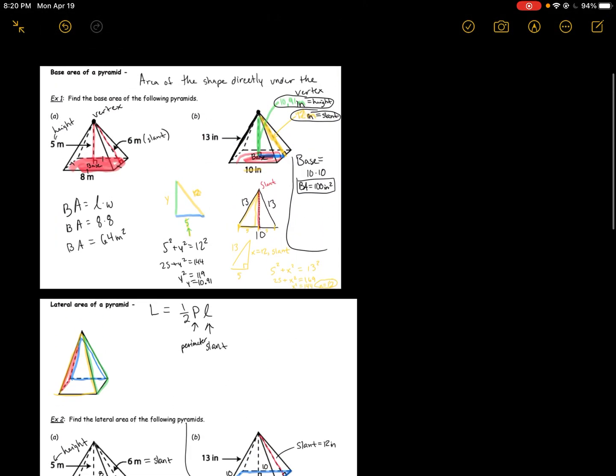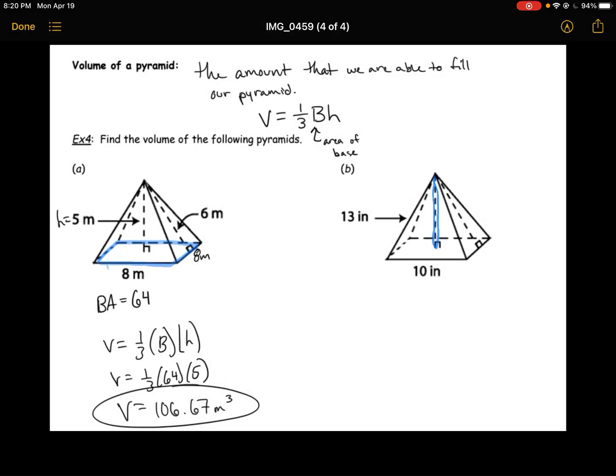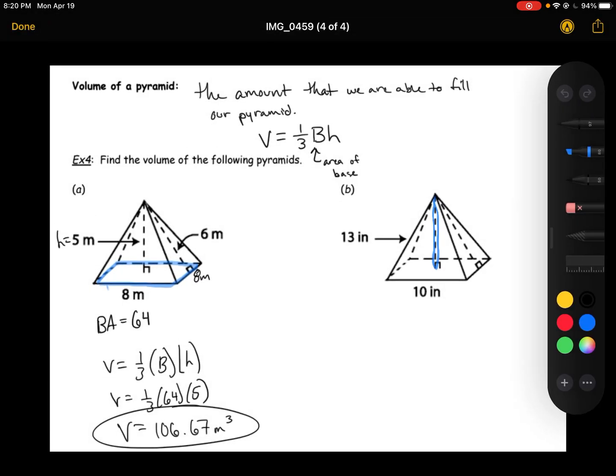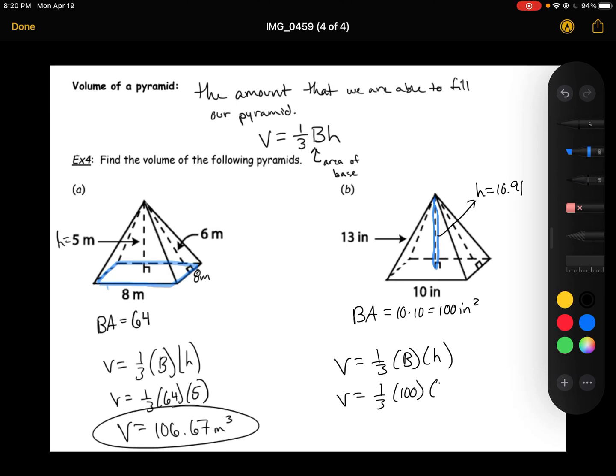All right, next, we've done the calculation for this. We just need to look back. What is the height of our second pyramid here? Again, the same shape. We calculated out, we have a height of 10.91 from that first page. We know that we have a base area, in this case, of 10 times 10, or 100 square inches.